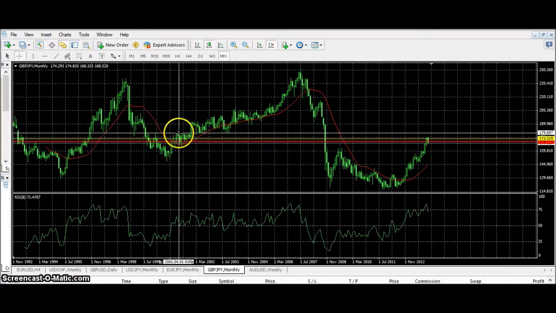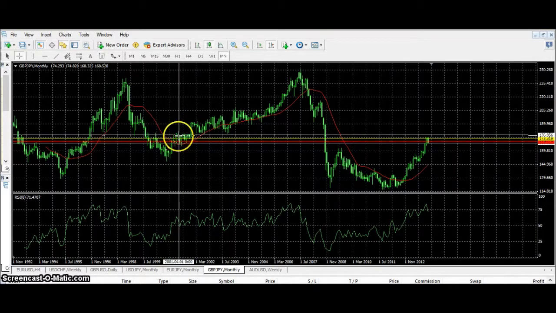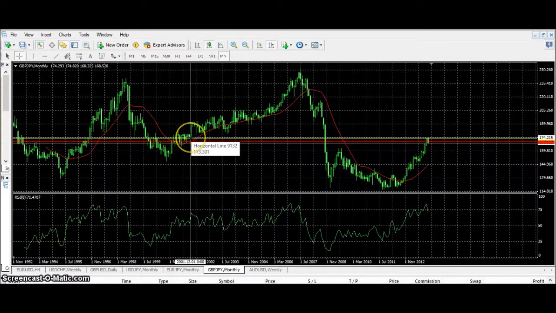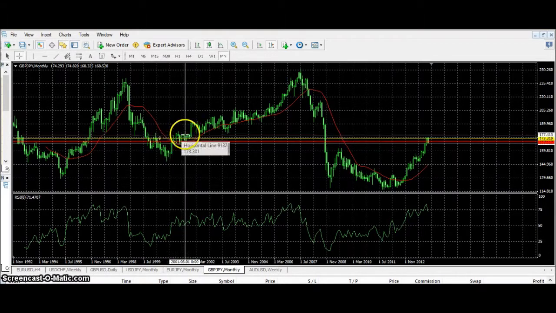Okay, up until 2001, this retracement level. So I believe that is what this currency pair is trying to observe, but this time around it happened around 174, but it actually happened around 180 within 2000, 2001.